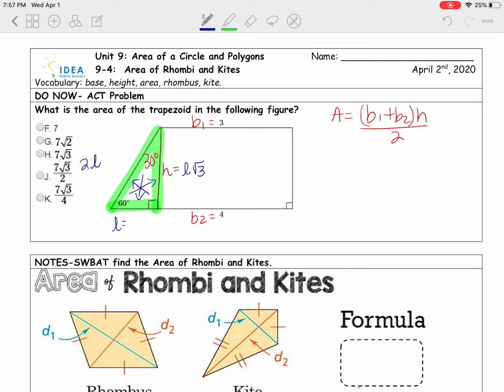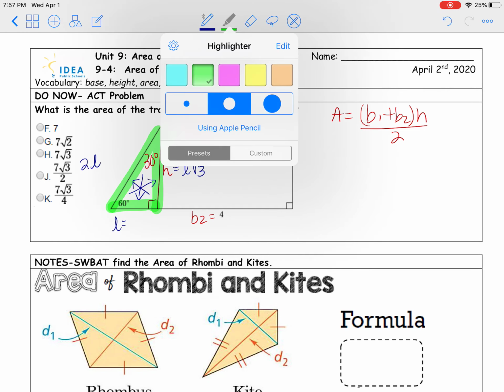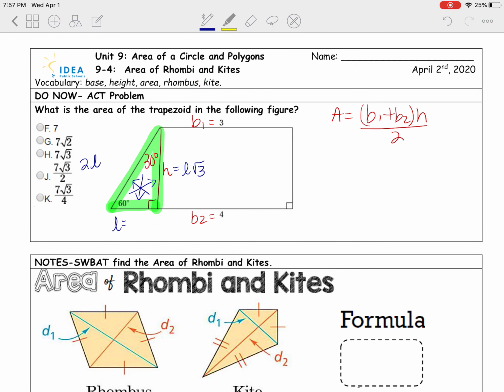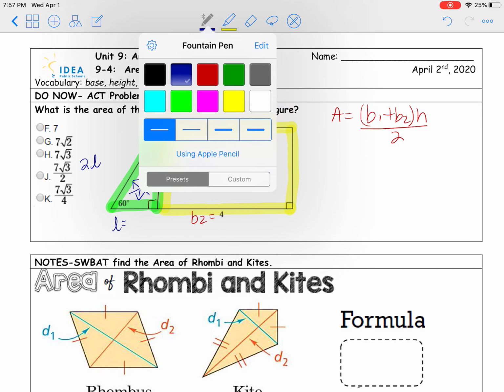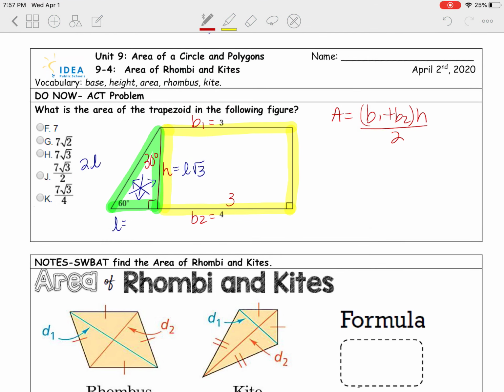So in this trapezoid, we know that since the top base is 3, then this bottom side of the rectangle will be equal to 3. And because the bottom base was 4 and the bottom side of the rectangle is 3, we know that the length of the shorter leg in this right triangle is equal to 1.